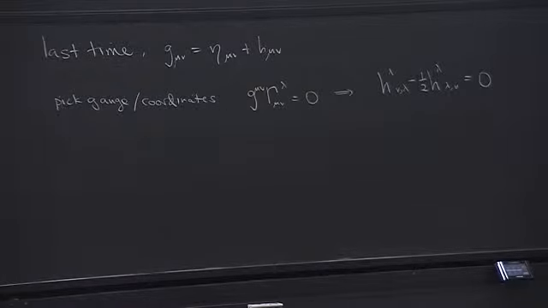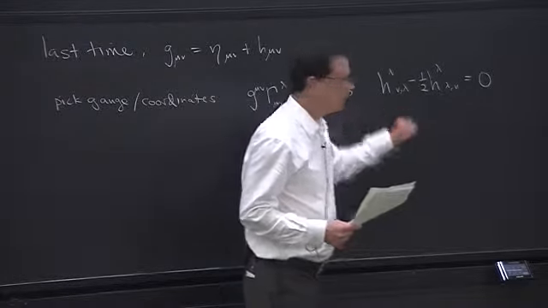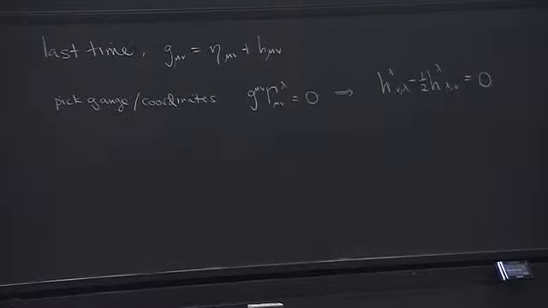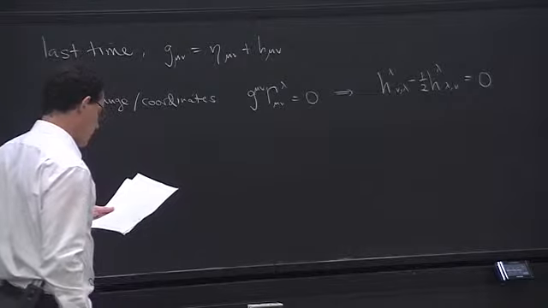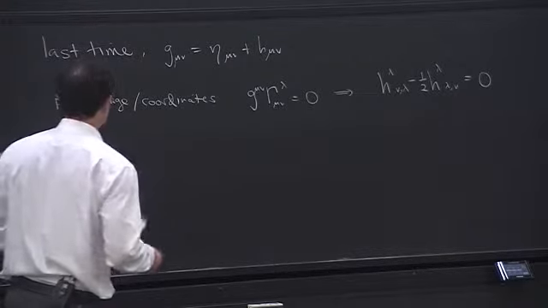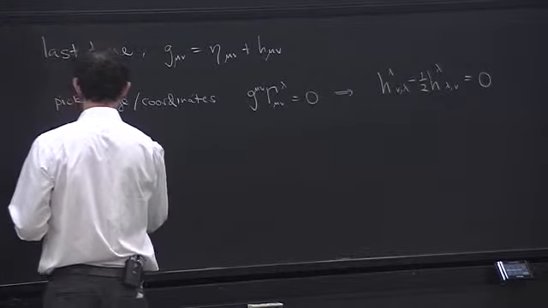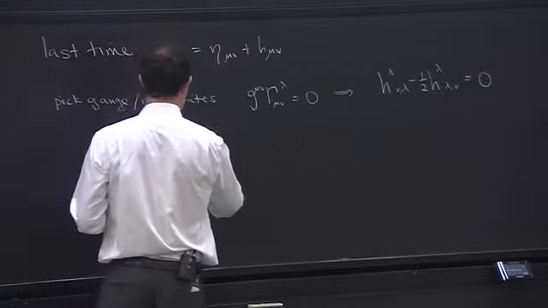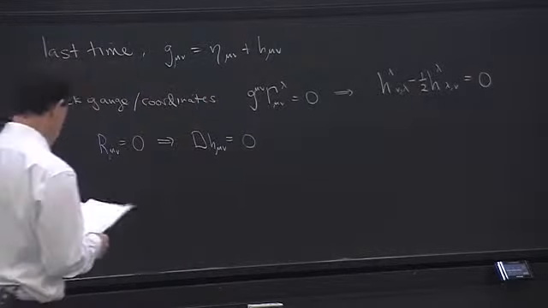So I can still change coordinates provided I leave that gauge condition unchanged. And so then we discovered that the Einstein equations, in the absence of matter, become box h mu nu equals 0 in this gauge.